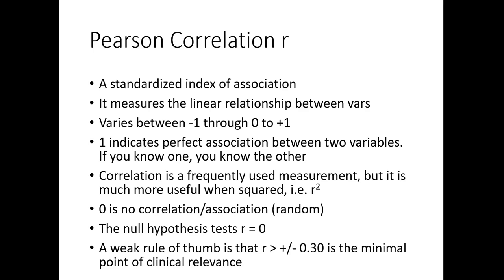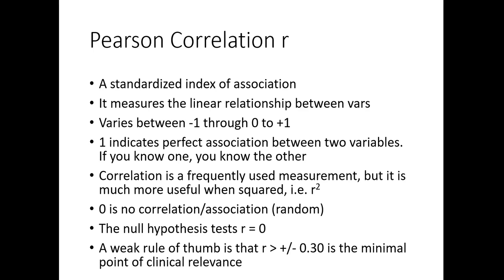A weak rule of thumb is that when R is greater than plus or minus 0.30, then it's a minimal point of clinical relevance. This is really pretty arbitrary, though. There's a lot of things going into correlation besides just the clinical relevance part. It depends on your measure that you're using, too.